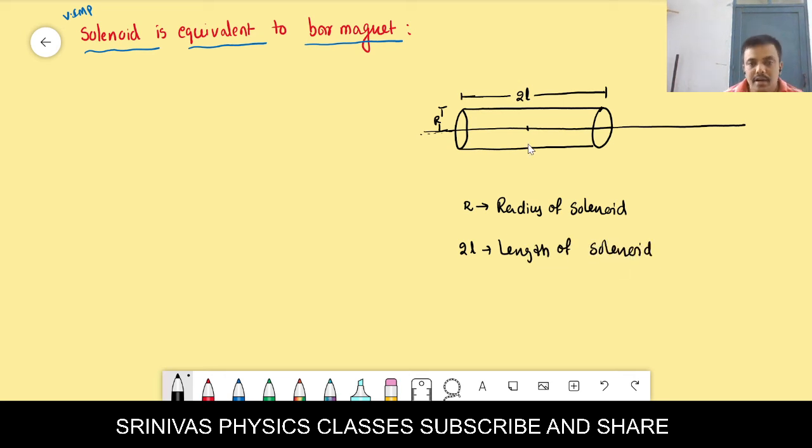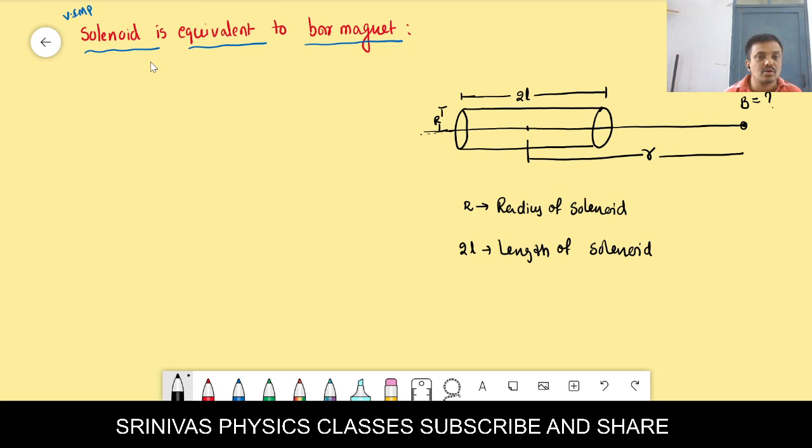And from the center, at a distance r, I want to find out the magnetic field. Because a solenoid is a current carrying coil, around the current carrying coil a magnetic field is generated. That coil will act like a magnet.